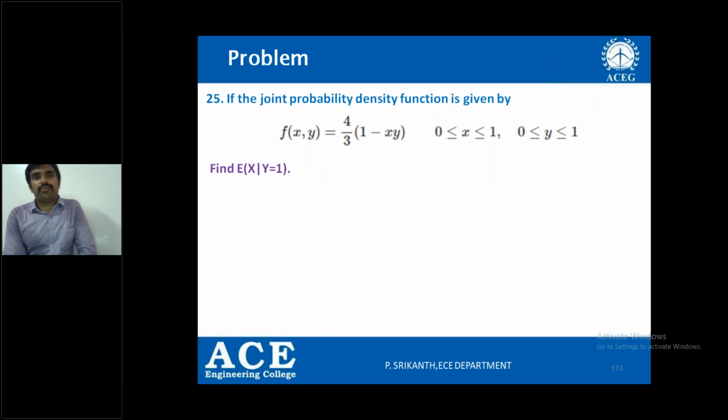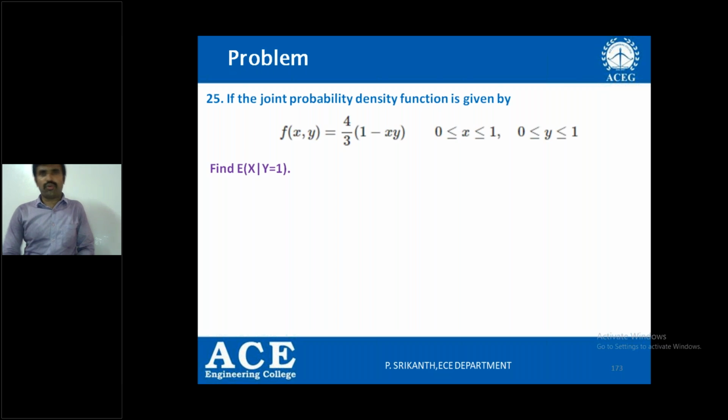So let us take one problem. If the joint probability density function is given by f of x comma y equal to 4 by 3 into 1 minus xy, the limits for x are 0 to 1, y are 0 to 1. Both are continuous random variables only. And you are supposed to find expectation of x given y equal to 1.